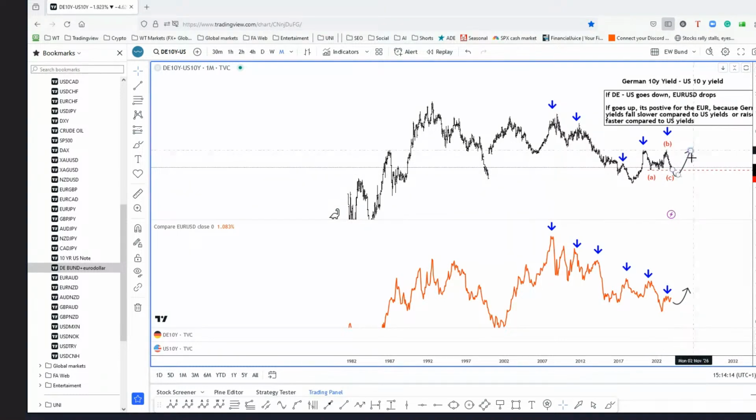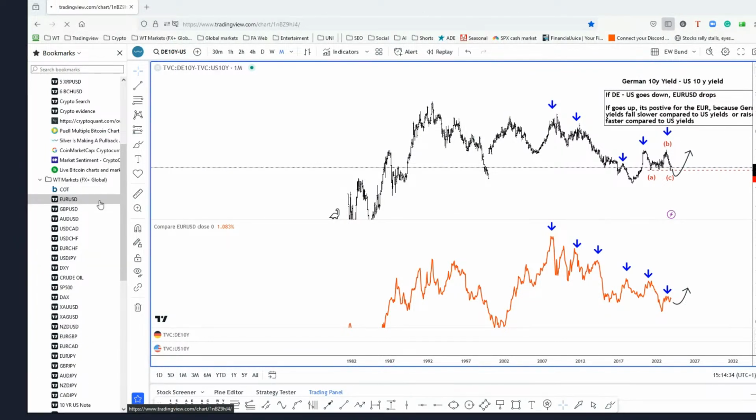While at the same time, obviously, if these cycles are really about to change and we are going to see lower rates or at least no change regarding the rates, I think that euro dollar has a chance to cover.